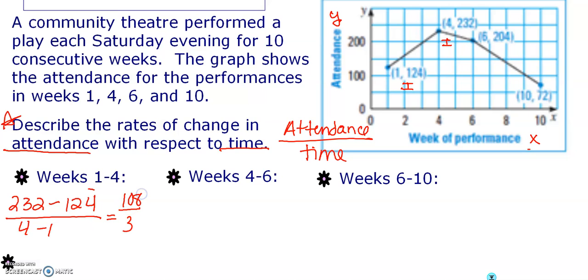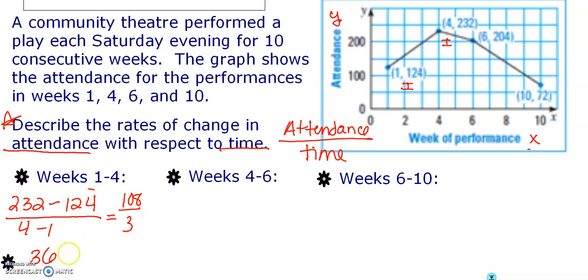So again, that's telling me that we're increasing attendance by 108 people, but I want to know per 1 week. So I'm going to go ahead and do this division. I'm going to do 108 divided by 3. And I'm going to get 36.